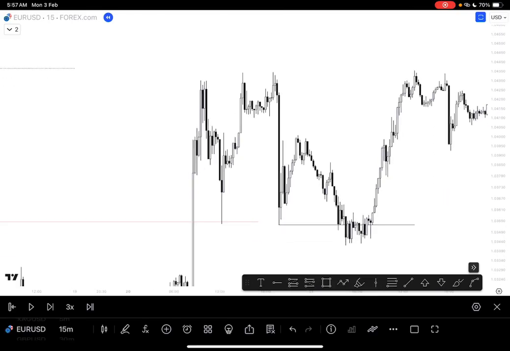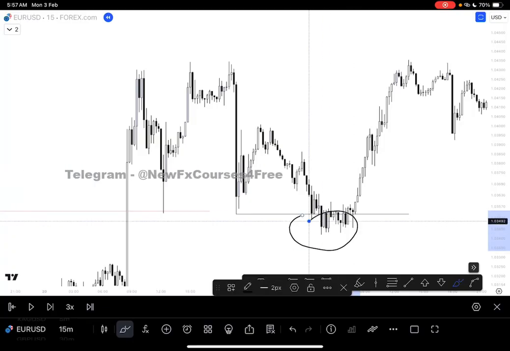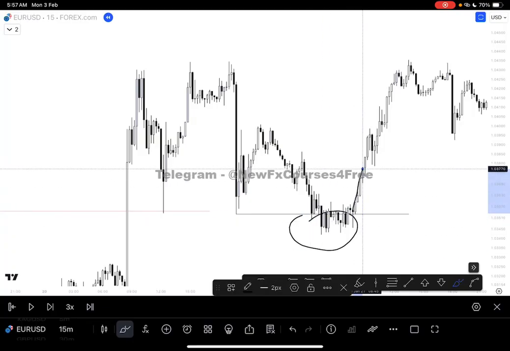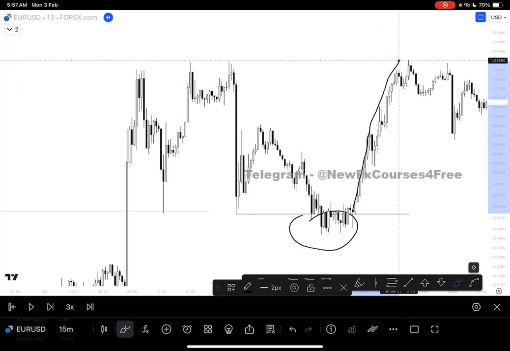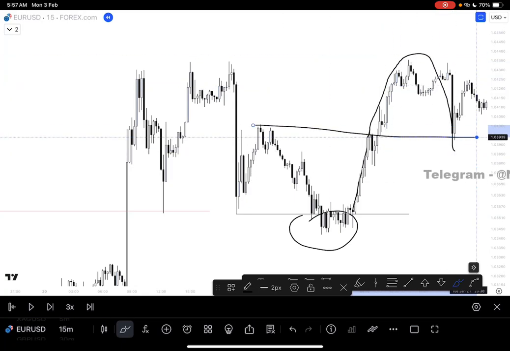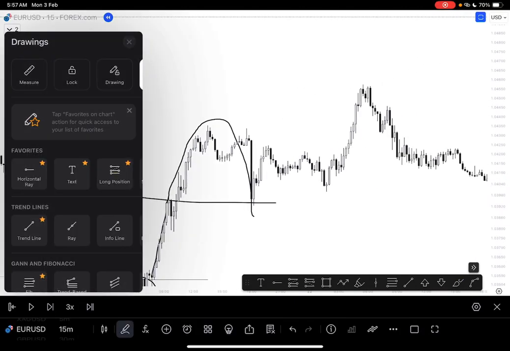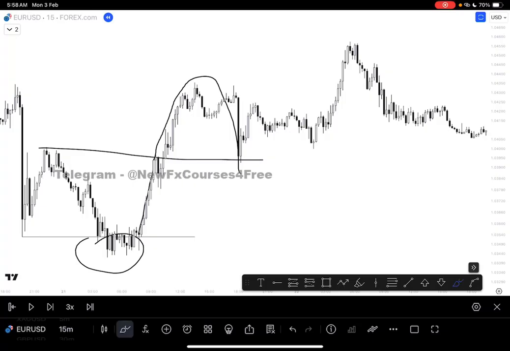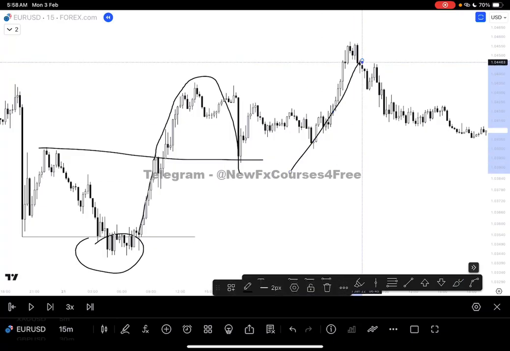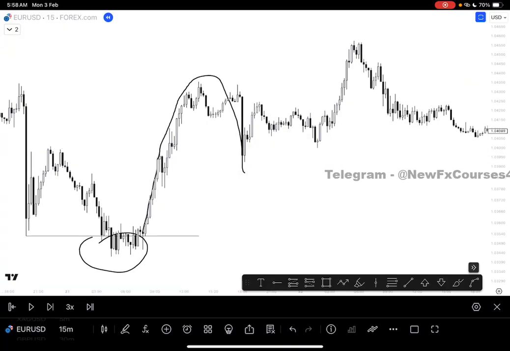Sweeping this low, then takes a breath, then first leg of expansion, retracement, second leg of expansion, then higher prices with this move over here. So let me show you how this actually done.